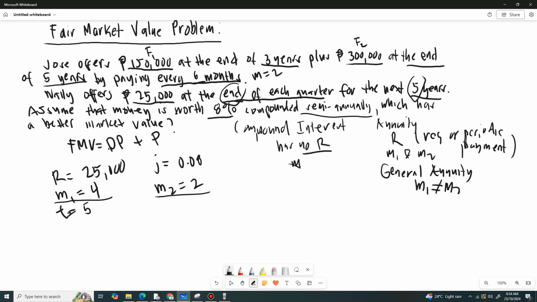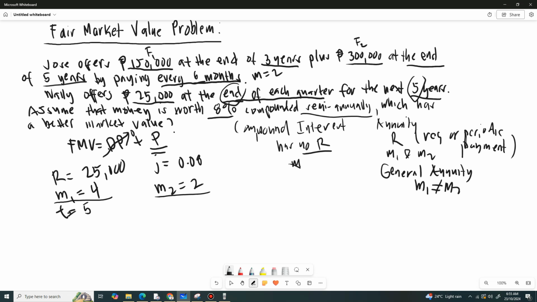The present value for general annuity is just one, unlike Jose's. And the down payment for Wally is 0, so we are just going to compute the present value of the general annuity.